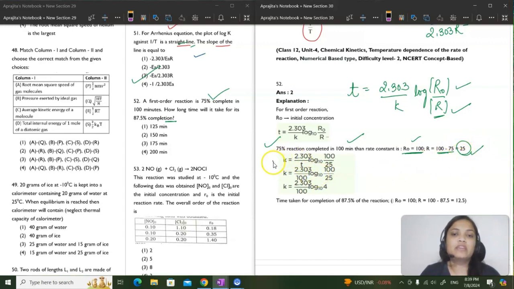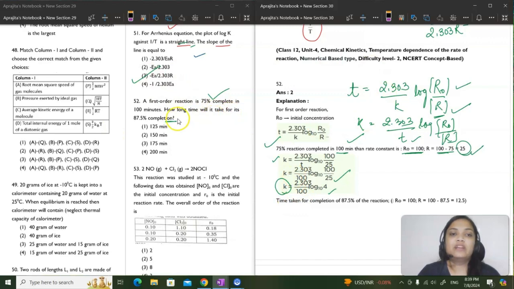From here we can find the value of k, because time is given as 100 minutes. k is 2.303 upon t log of R naught upon R, so it will be log 4. You can keep it like this, 2.303 upon 100 log 4. Then we can directly put this k value in the next step.